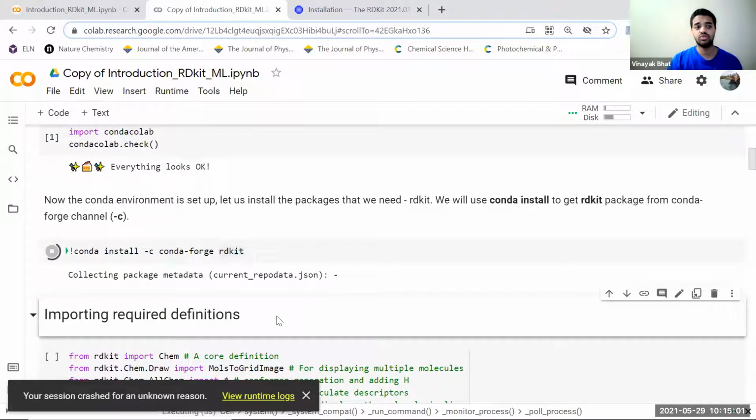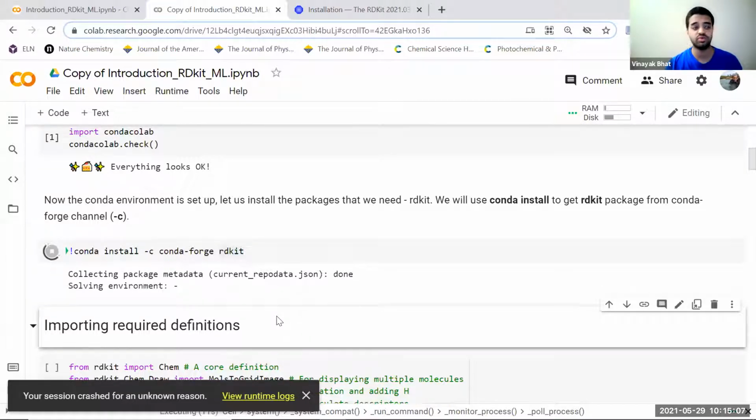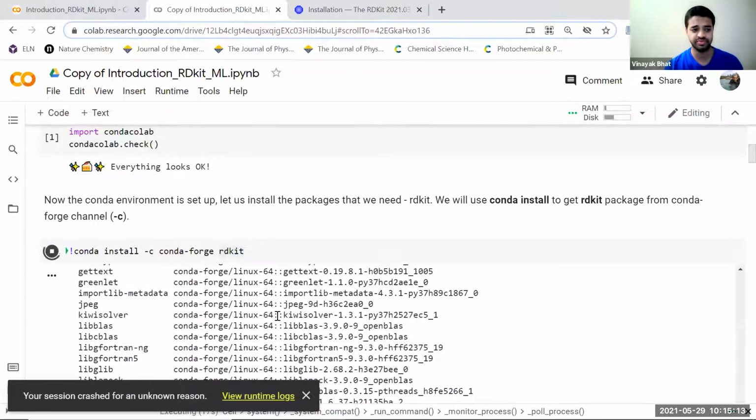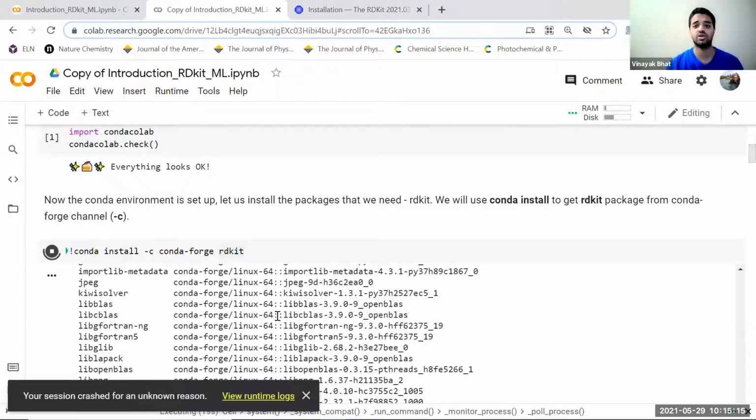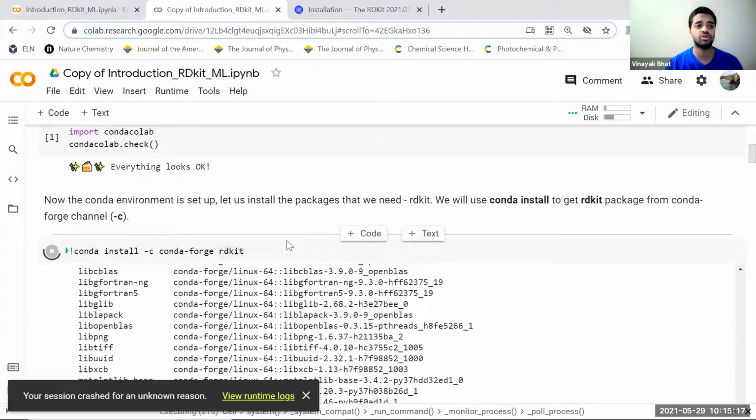And we don't have these packages in Colab. That is why we are installing it here. But there are some other packages for machine learning and other things which are already in there, so we'll not try to install those.